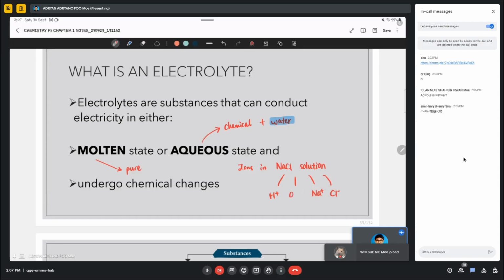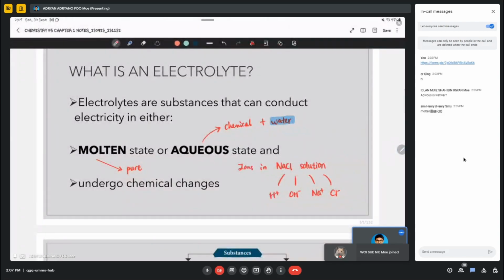Why got OH minus and H plus? Because these are from water. So remember, whenever they ask you ions in solution, then you will have H plus and OH minus. But if they say only molten, it means I only melt it, so only Na plus and Cl minus.